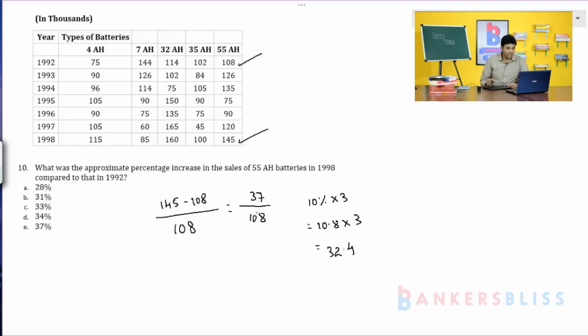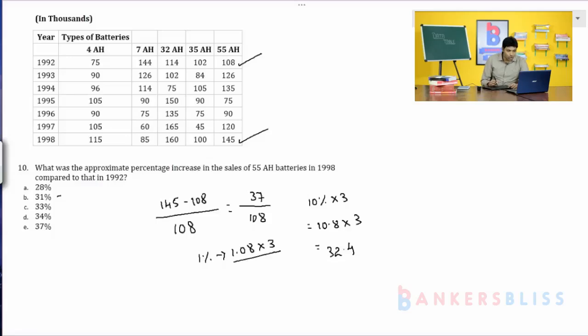So which options do you have? 31, 33, 34, 37. 31% means 1% you have to add, and 1% means 1.08. If you add 1.08 to 32.4, do you get 37? Definitely no.